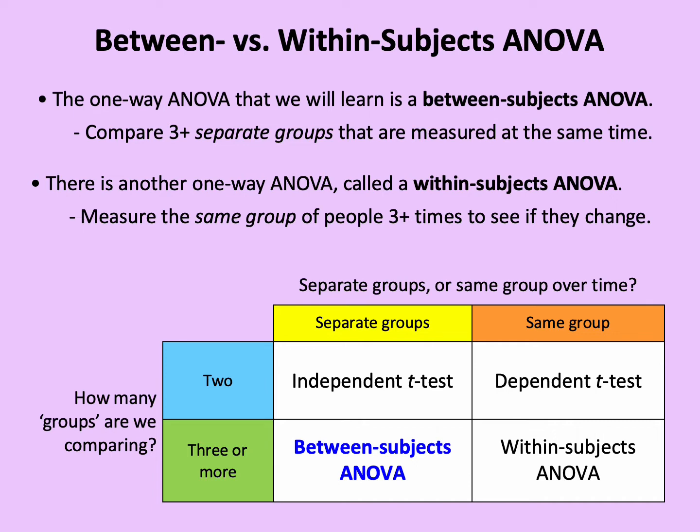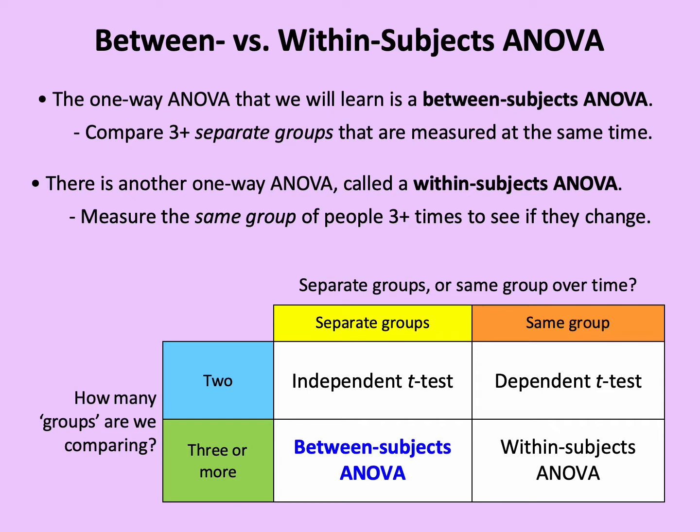Now let's look into what we call a within subjects design. With a between subjects design, you are comparing different groups of people to each other, whereas with a within subjects design, you're comparing the same group of people at 3 different points in time.